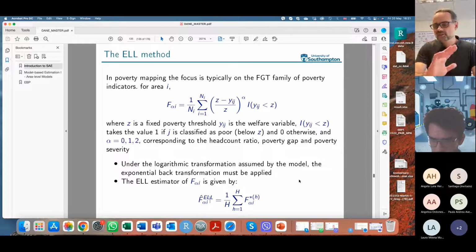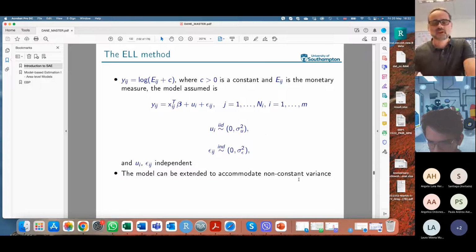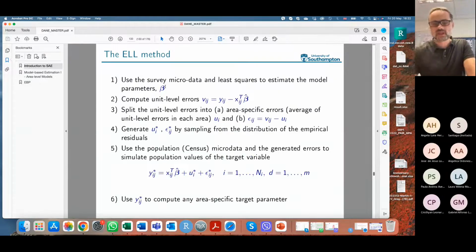Okay, so really there is no information here other than to say that this is how you apply the method if you were interested in estimating the headcount ratio, the poverty gap, and so on. But what is important here is that you need to apply a back transformation, because remember that the model is defined on the logarithmic scale, and when you do all the estimations here, all the estimations are on the logarithmic scale.